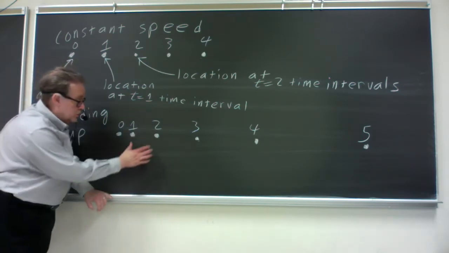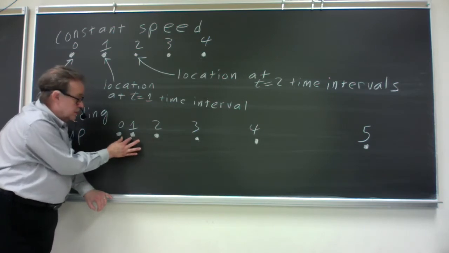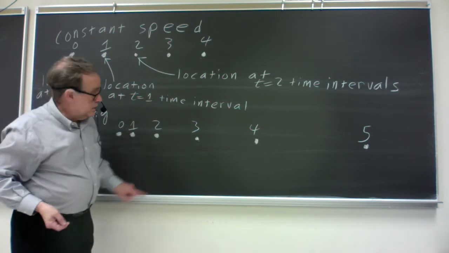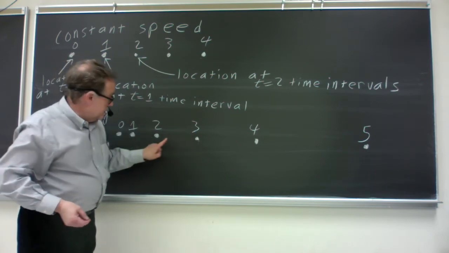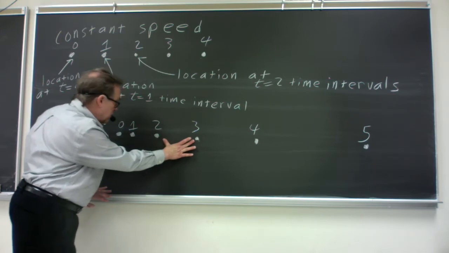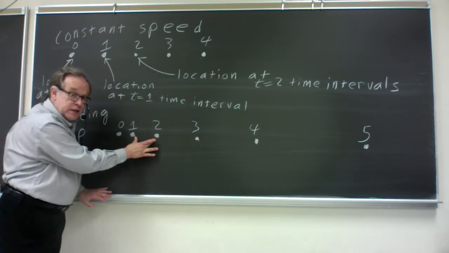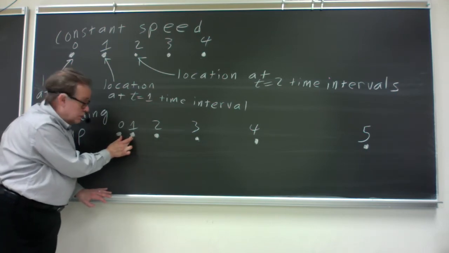But notice that during the second time interval, it traveled farther than it did during the first time interval. At the end of the third time interval, it's here. During the third time interval, it traveled from here to here, and that distance is farther than the distance traveled during the second time interval. Here's the distance traveled during the first time interval.